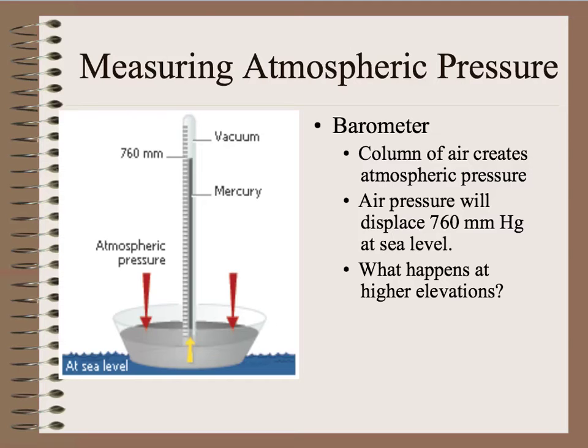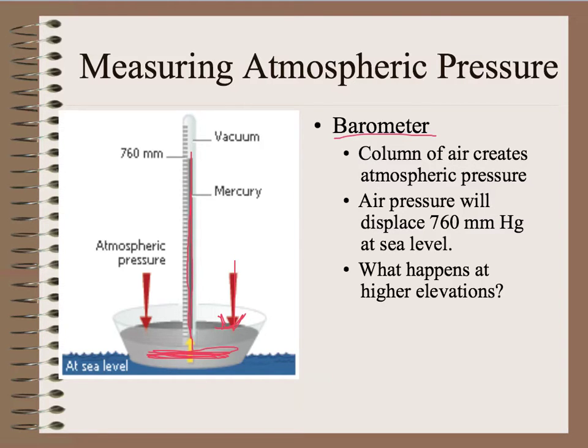We have gases pushing on us every day in the atmosphere, and one way to measure that pressure is with something called a barometer. A barometer is a sealed tube in a liquid, and usually that liquid is mercury. In this case it is. It's open on the end at the bottom, and as atmospheric pressure rises, it pushes down more and more on this container of mercury and pushes the mercury up higher and higher until the weight of the mercury is equal to the atmospheric pressure.